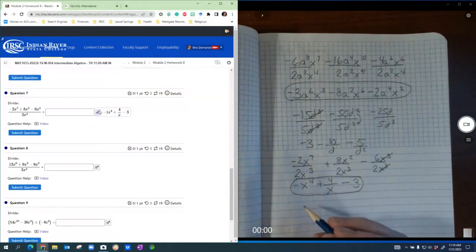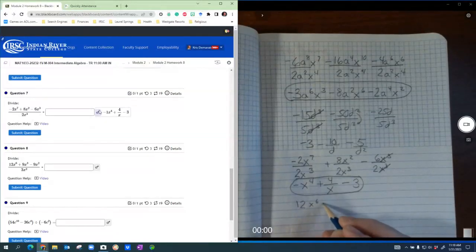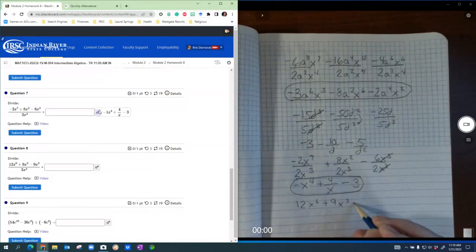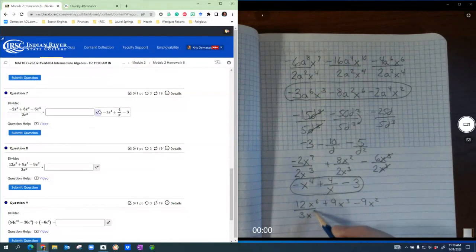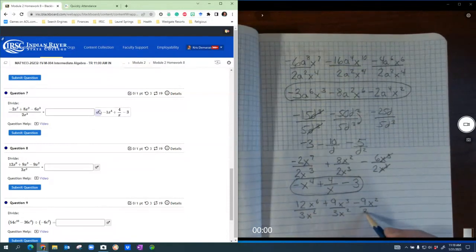Now, 12x to the 6th plus 9x to the third minus 9x to the second, all divided by 3x to the second, 3x to the second, and 3x to the second.